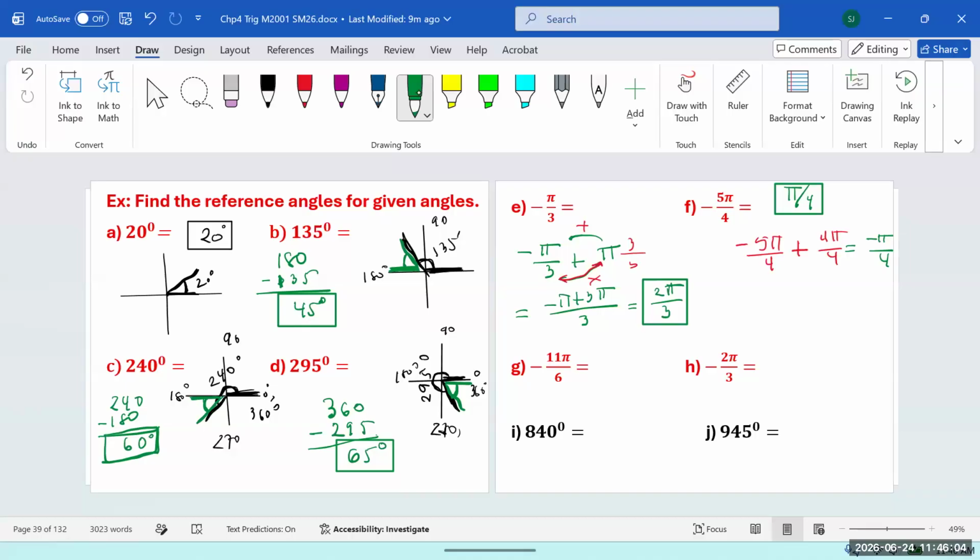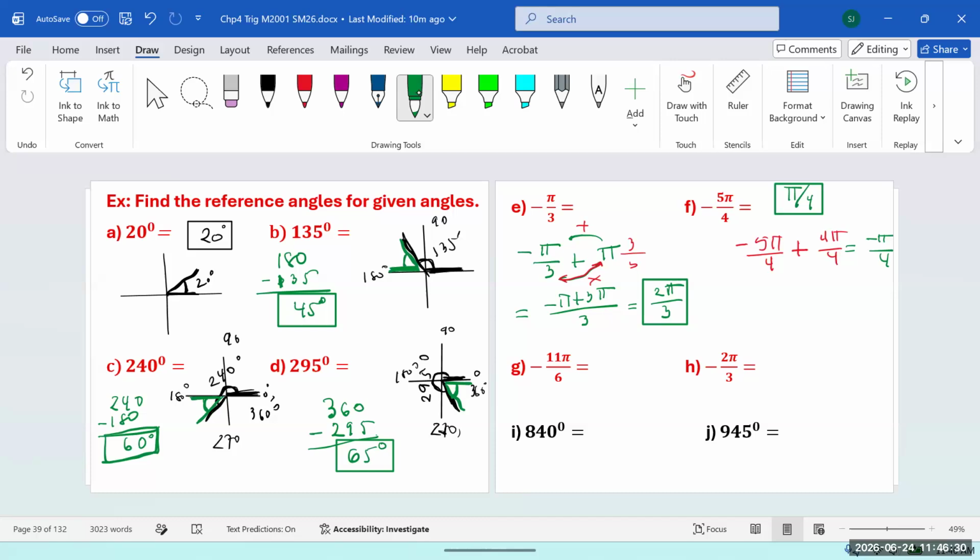Just add whatever is closest to your angle, either 1 pi or 2 pi, whichever is closest, and then ignore the negative sign if you have a negative sign. For example, in the first one, when we added 1 pi, it was positive already, so you didn't have to ignore the negative sign. But in the second one, when we added 1 pi, we had a negative sign, so you have to ignore the negative sign.